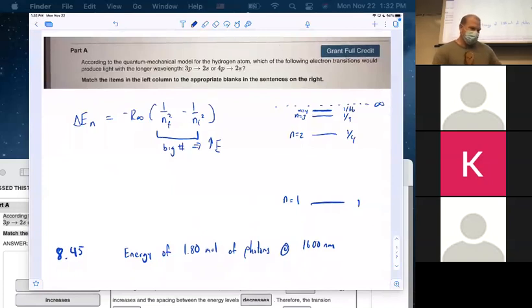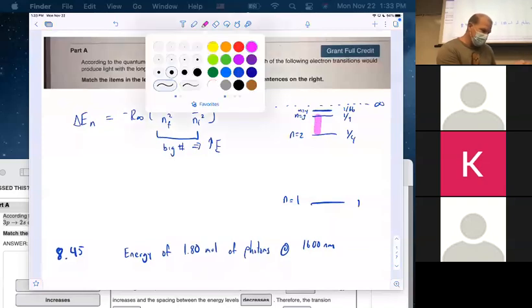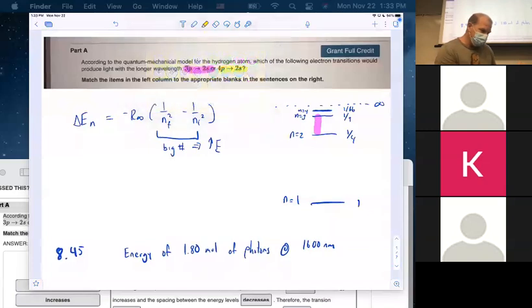As you get closer up towards the free electron, or n equals infinity, the energy level spacings get smaller and closer together. So for 3p to 2s, it's going to be this transition, and 4p to 2s, it's that transition, the yellow transition.